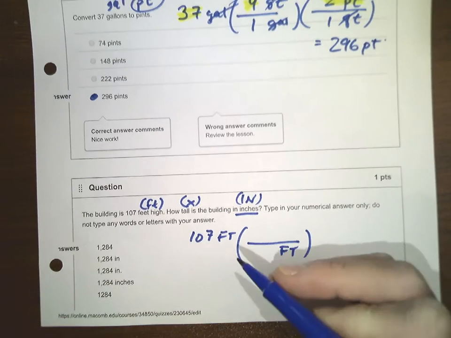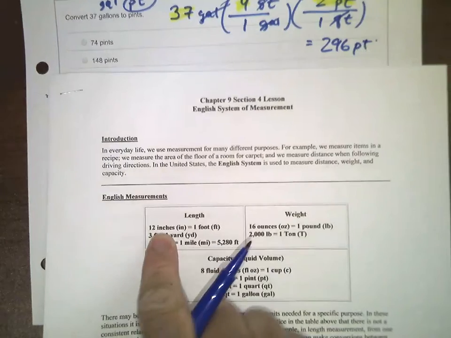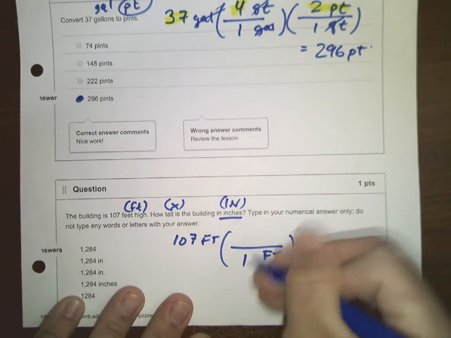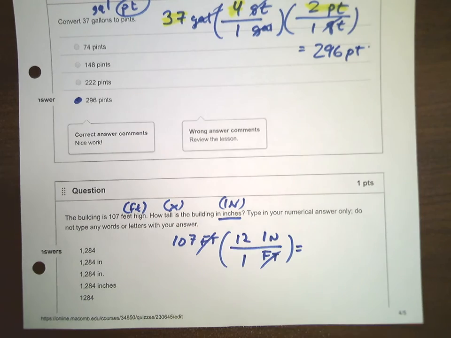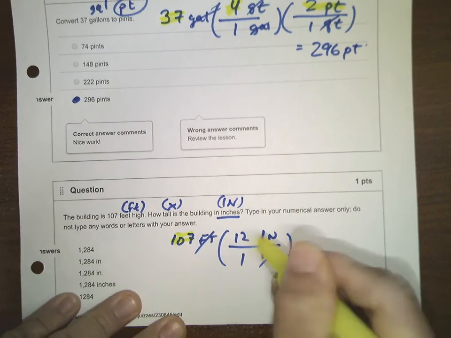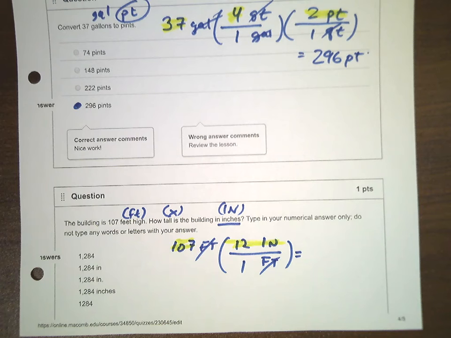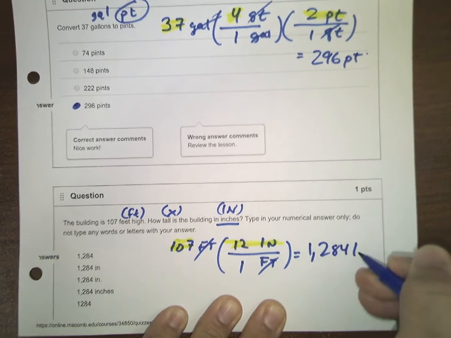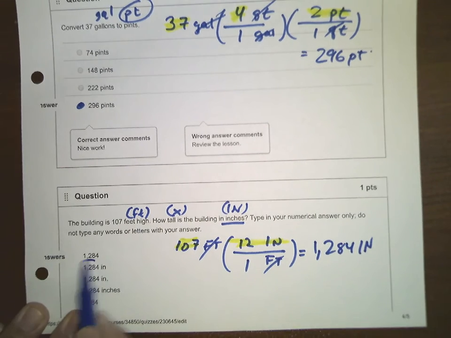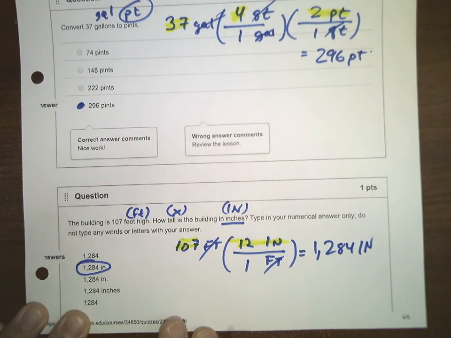So I see that there are 12 inches in 1 foot, so 1 foot, 12 inches, divide out the feet. So then I see that we have 107 times 12 inches. So 107 times 12 is 1,284 inches. Here we go. So there is the answer today. What a time to be alive.